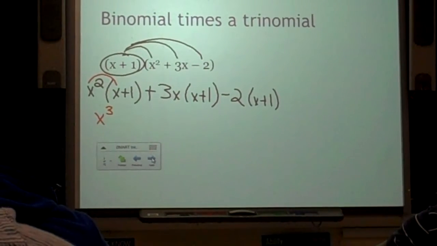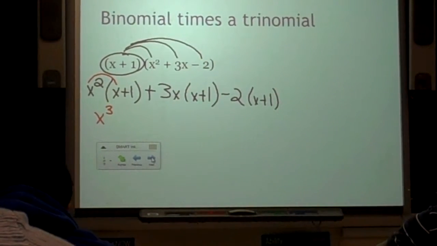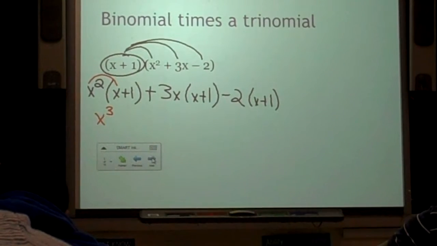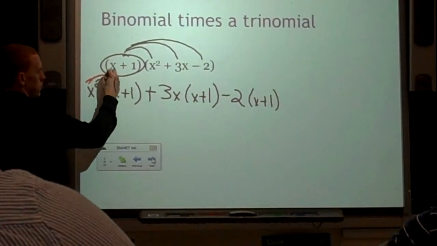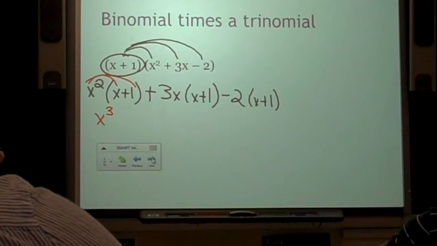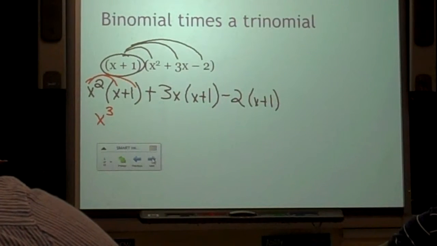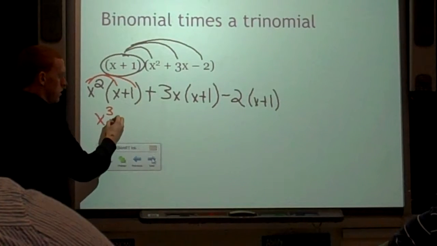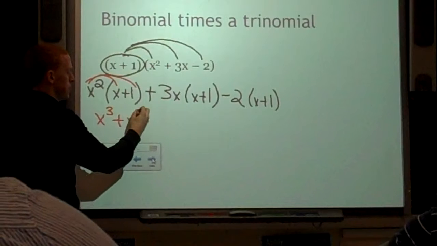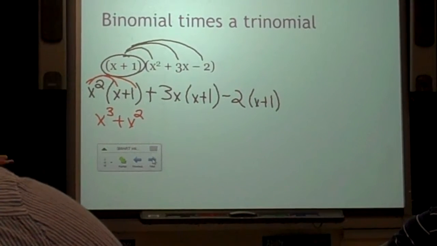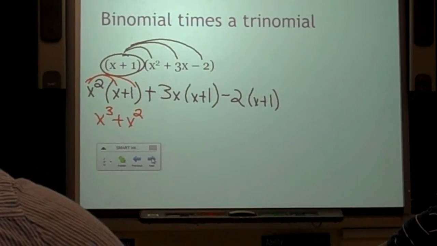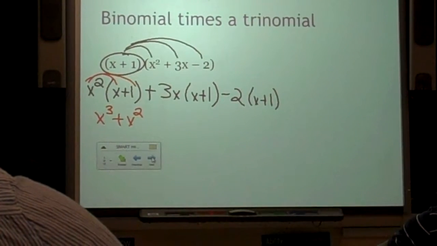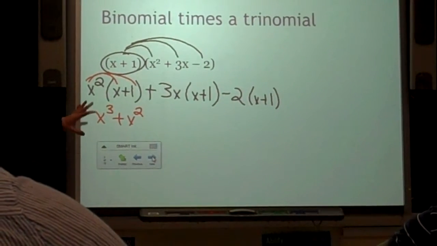So that means we do what with the exponents? We add the exponents. So x cubed plus what? X squared times 1. So it would just be x squared because 1 times anything is the other number.